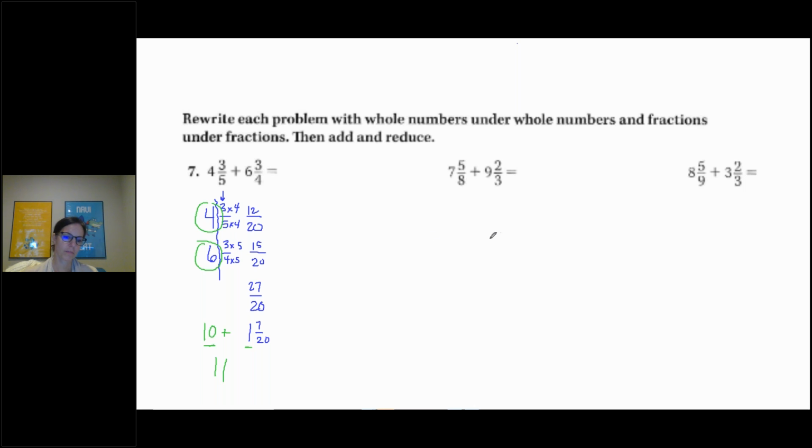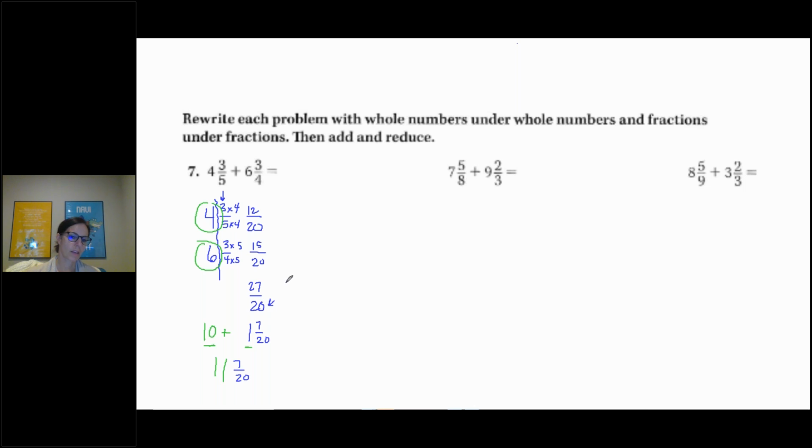So how did you rewrite the 27 over 20? Okay, you're going to figure out how many times 20 goes into 27.